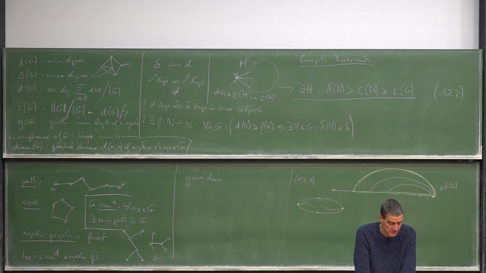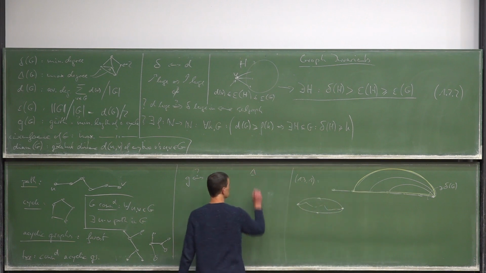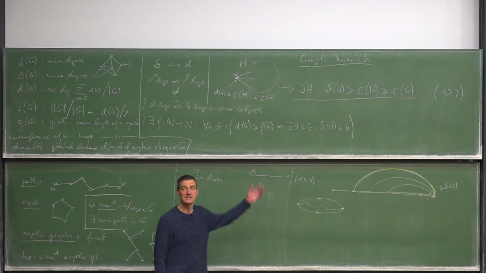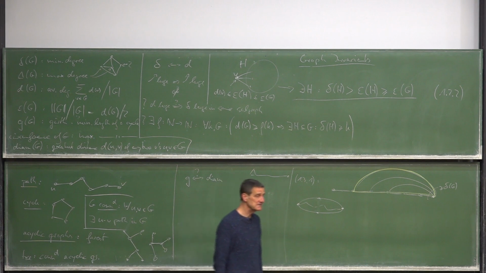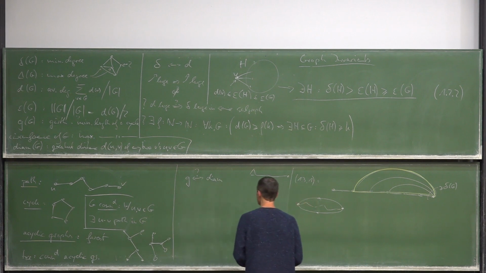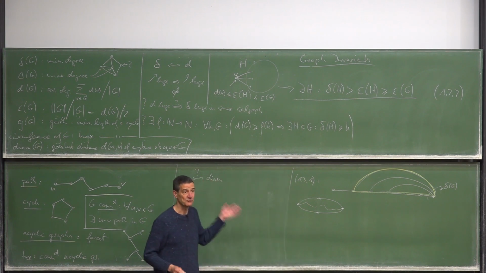That's right. So we can have large diameter with a short cycle. So here's my short cycle, and a path, even if it's connected, these two vertices have very large distance, so the diameter can be large if there's a short cycle, and of course, if the short cycle is everything, then the diameter can also be small.